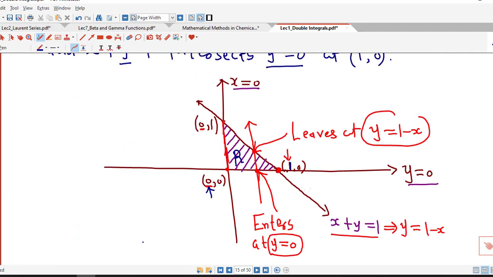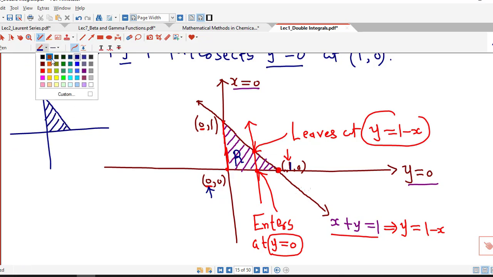We just have to be careful about the limits of integration. So for limits of integration, either we can consider a horizontal line or a vertical line. Here we imagined a vertical line. If we wish, we can imagine a horizontal line also. Suppose we consider a horizontal line passing through this region.